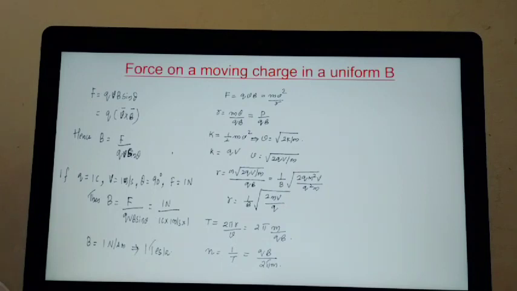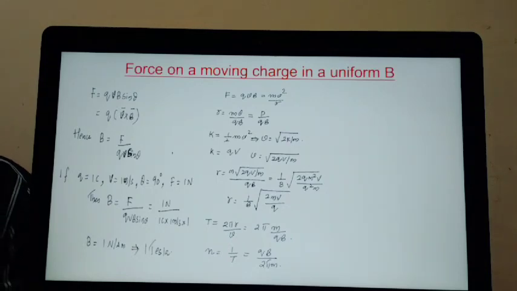Frequency is the reciprocal of time period, n is equal to 1 by T, which is equal to qB by 2 pi m. So all these equations are very, very important. r is equal to mv by qB, or 1 by B into root of 2mV divided by q, and T is equal to 2 pi m by qB, and n equal to 1 by T, which is equal to qB by 2 pi m. Okay, you remember all these, and very soon we will make use of this in an application.